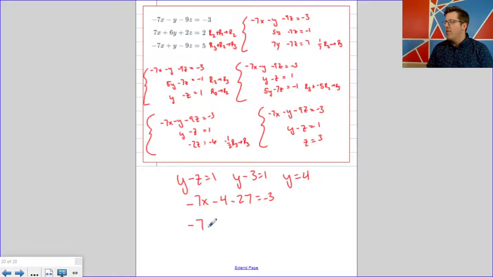So negative 7x equals positive 28, or x equals negative 4. So I got negative 4, 4, 3. Let's see if that answer works.